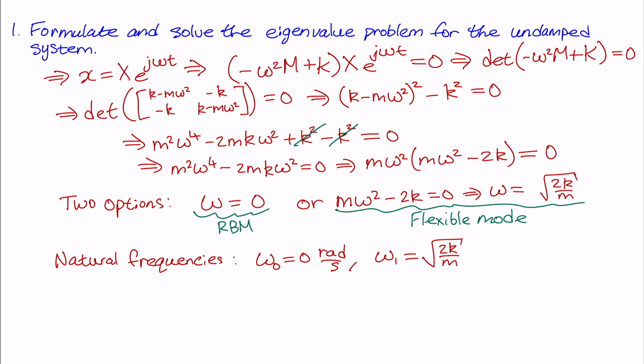Generally, when we have flexible modes, we will start the numbering of the modes from 1. If we have a rigid body mode, we'll start that one at 0. If we have multiple rigid body modes, then we generally will partition them and say this is our set of rigid body modes, this is our set of flexible modes. And we're going to see why we want to separate these, because they give rise to drastically different displacements.